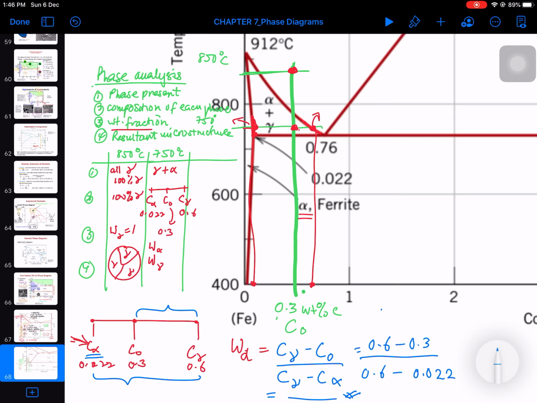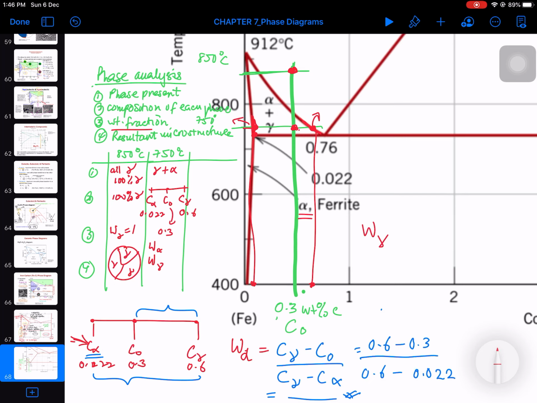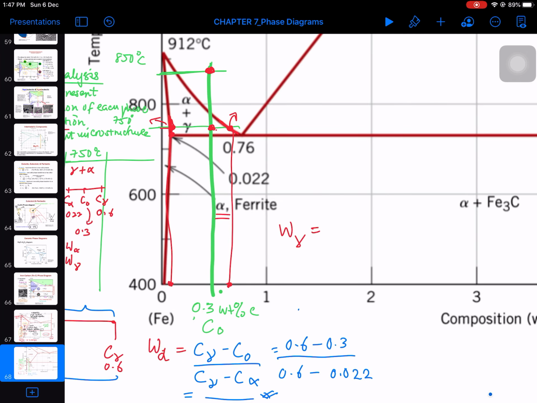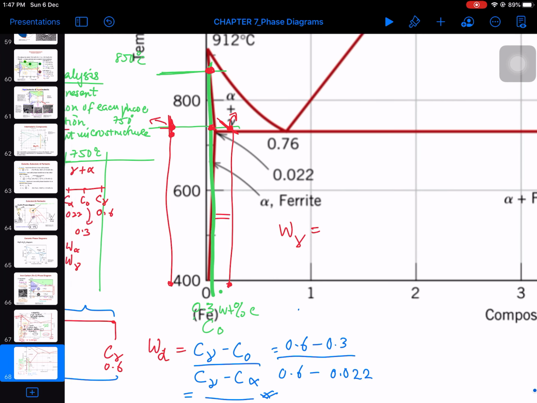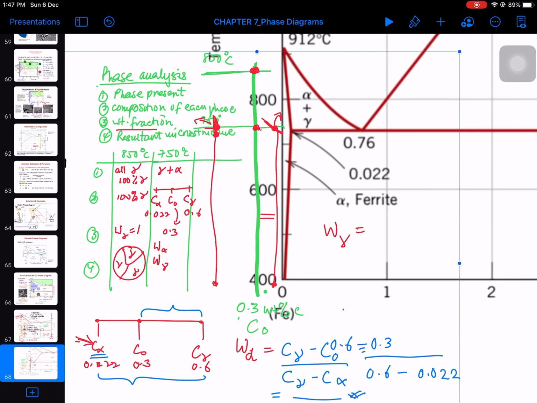The same thing goes for when you want to calculate the weight fraction of gamma, or austenite. If this is the point for C gamma, then to calculate the weight fraction, we need to get the opposite length on the tie line.